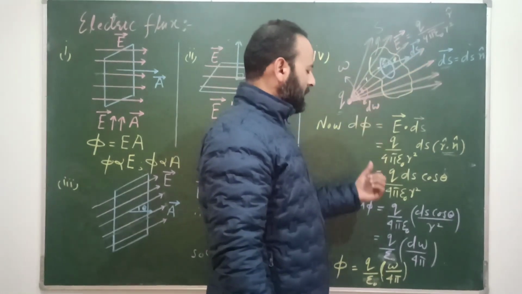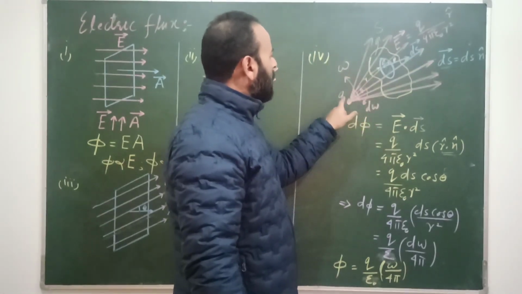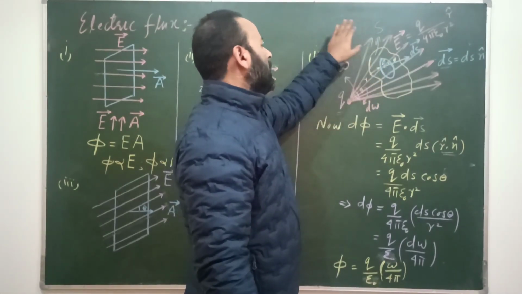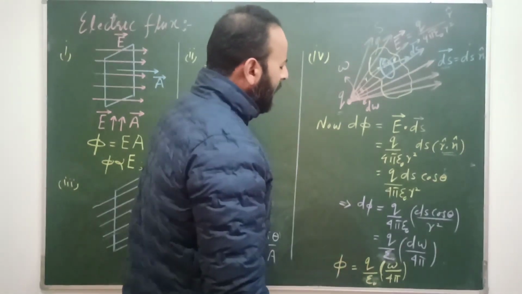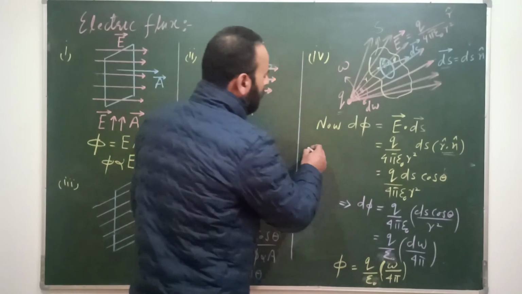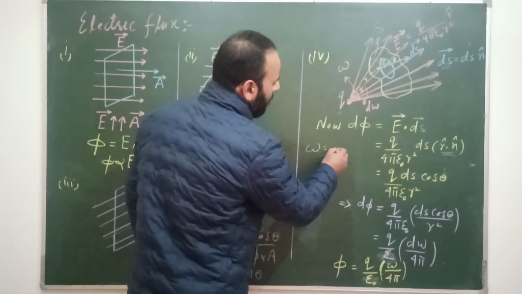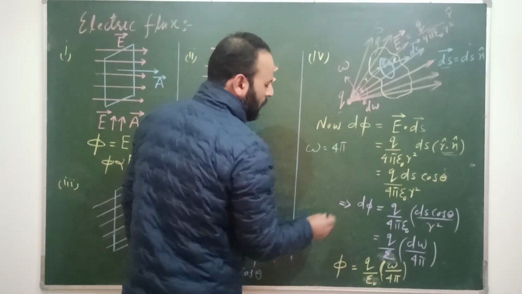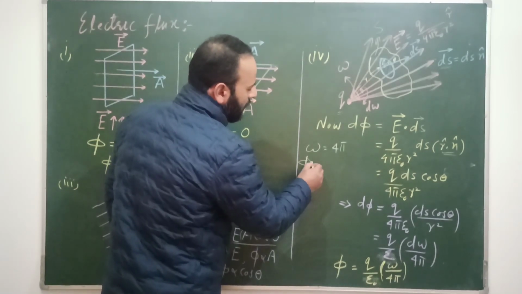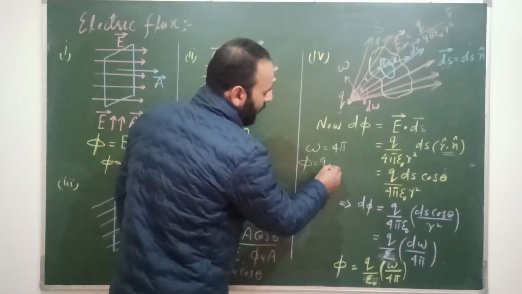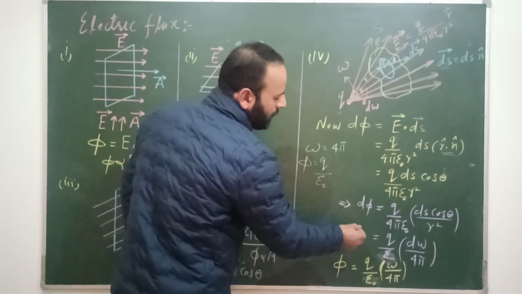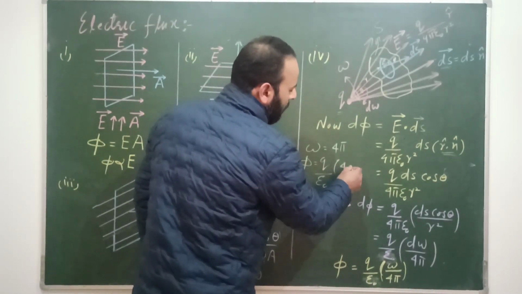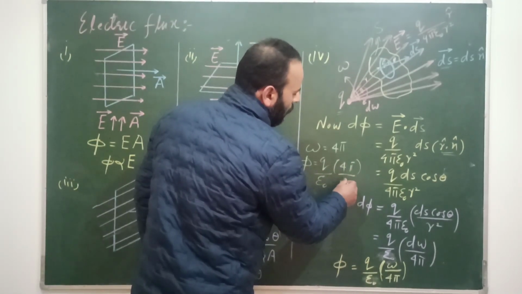some surface S. Now, if the surface is closed, that is, this charge is enclosed in a closed surface, then in that case this omega will be equal to 4 pi. So in that case, phi is equal to q divided by epsilon naught, and omega equal to 4 pi, divided by 4 pi.